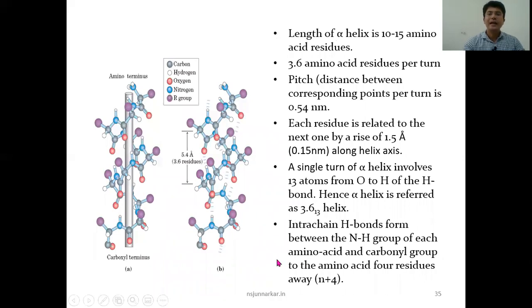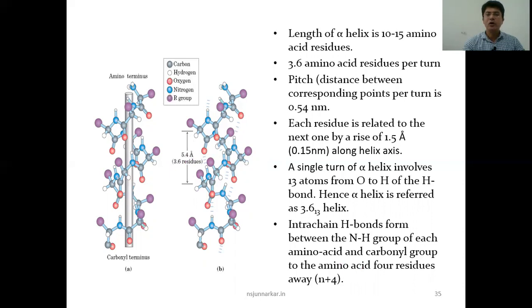So the length of the alpha helix is about 10 to 15 amino acid residues, and per helical turn there can be 3.6 amino acid residues. The pitch, which is the distance between the corresponding points per turn, is about 0.54 nanometer or 5.4 angstrom. Each residue is related to the next one by a rise of 1.5 angstrom along the helix axis.